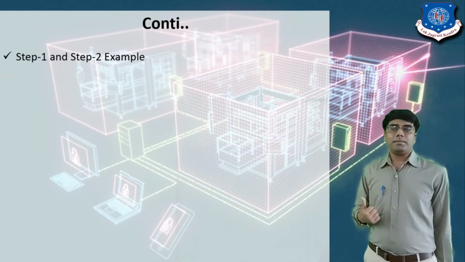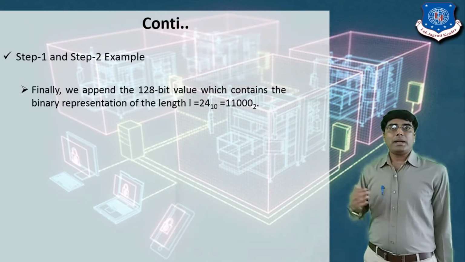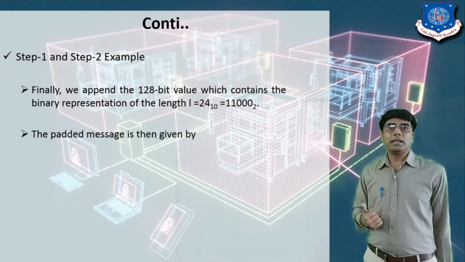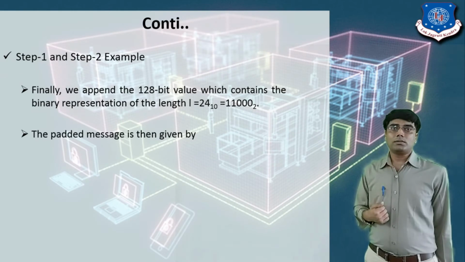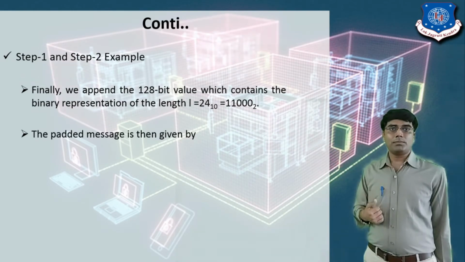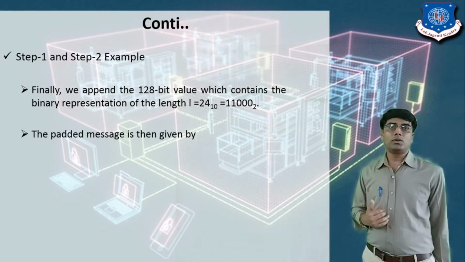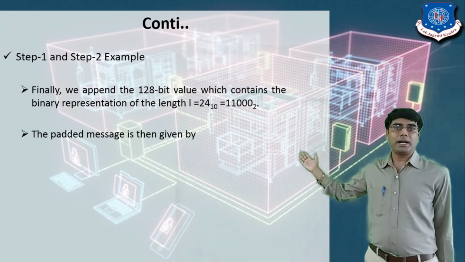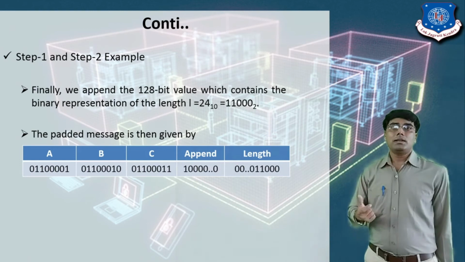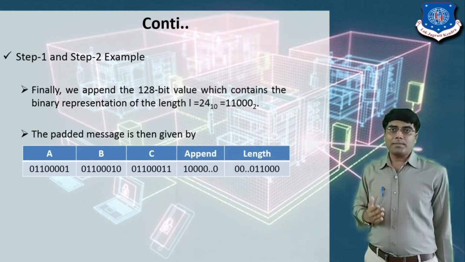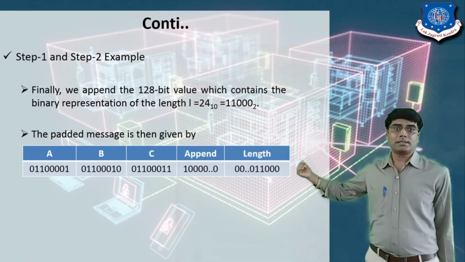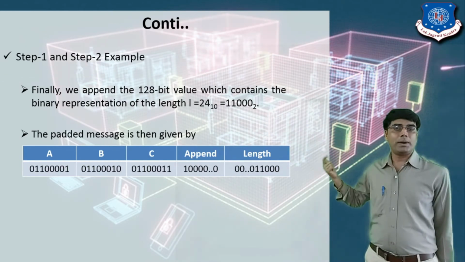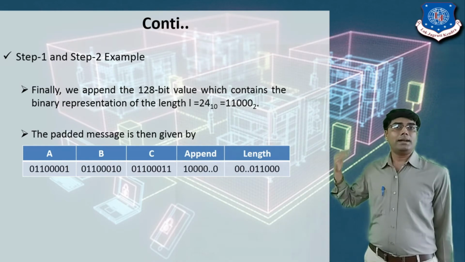In the second step, finally we append the 128-bit value which contains the binary representation of l equal to 24 in decimal, that is 11000 in binary. The padded message is then given like this. First we have our message ABC, then we append the padding bits and the length.